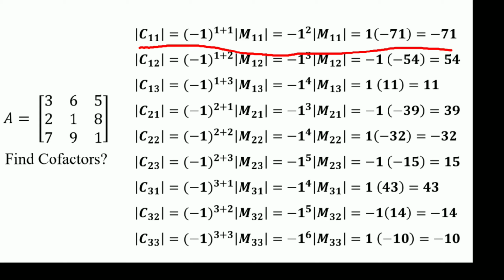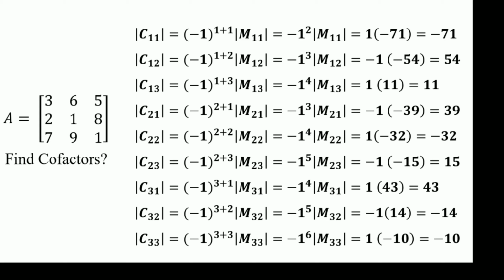Now, using the same matrix, we want to find out the cofactors. So the first cofactor C11 is equal to minus 1 raised to the power 1 plus 1, that is first row, first column, corresponding to the first element 3, into the minor of the first element M11, which is equal to minus 1 squared into the first minor, which is 1 into minus 71, equal to minus 71.